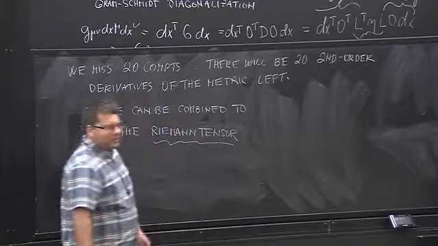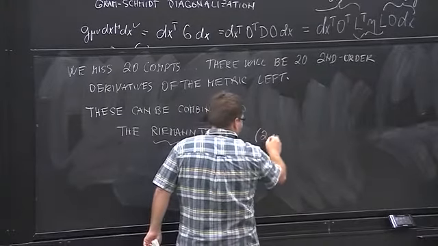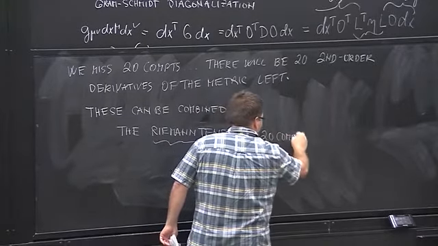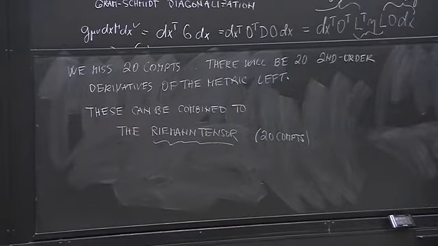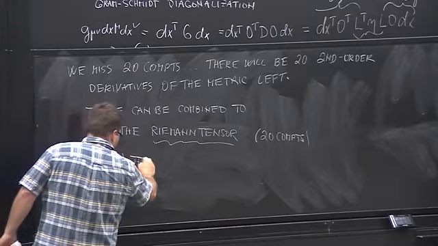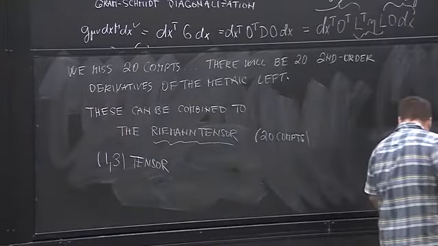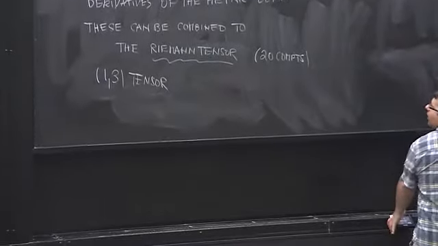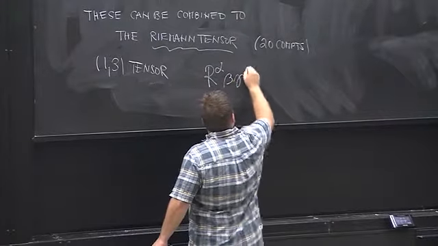And so what it's actually telling you is that the Riemann tensor will have 20 non-trivial components. Now the Riemann tensor is a (1,3) tensor, so it has components alpha, beta, gamma, delta.